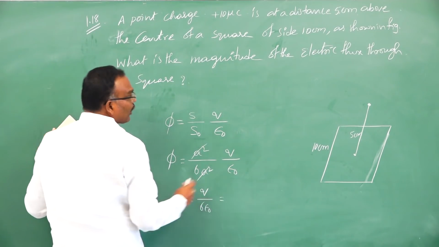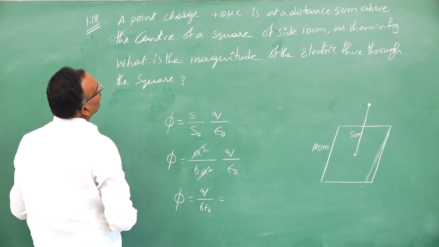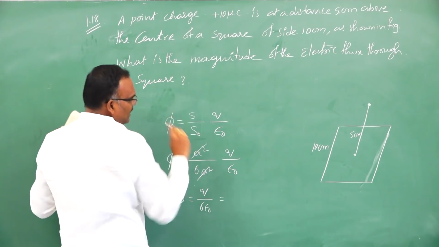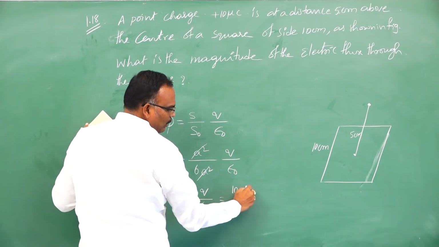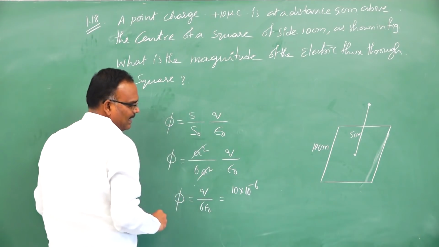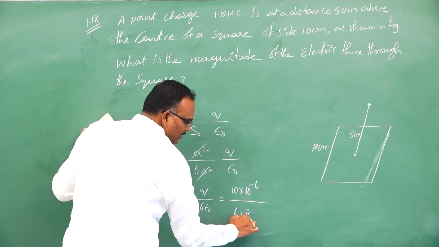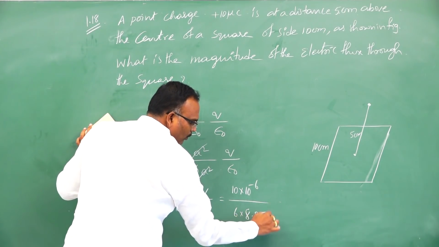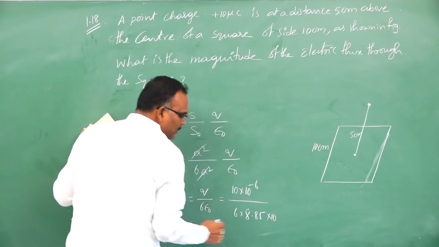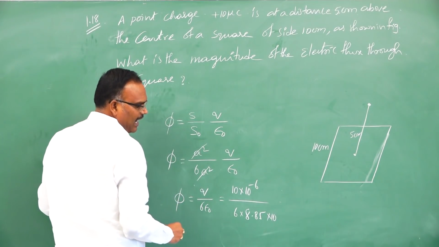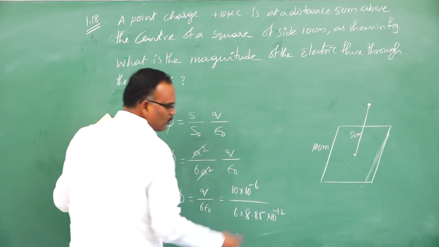So the value of the charge Q: 10 microcoulomb charge is placed. So this is 10 into 10 to the power of minus 6 divided by 6 times the epsilon naught value. Epsilon naught value is 8.85 into 10 to the power of minus 12.